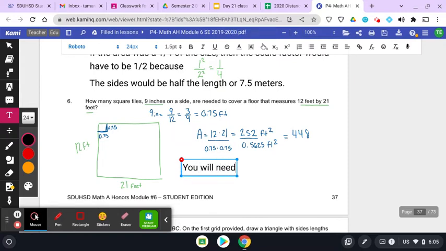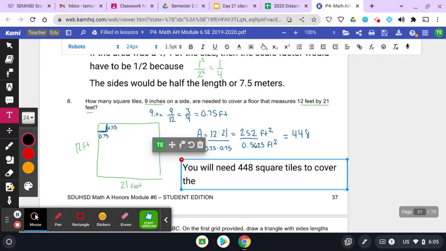You will need 448 square tiles to cover the floor. Okay, if you have to go back and correct your work, go ahead and pause the video.